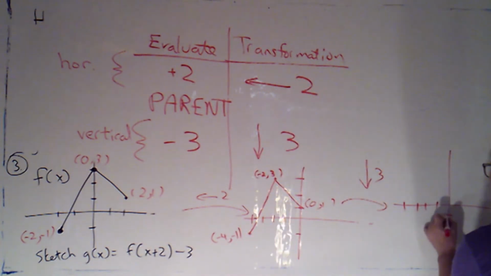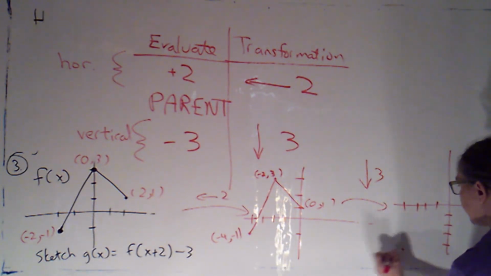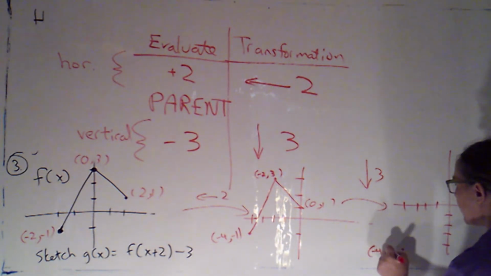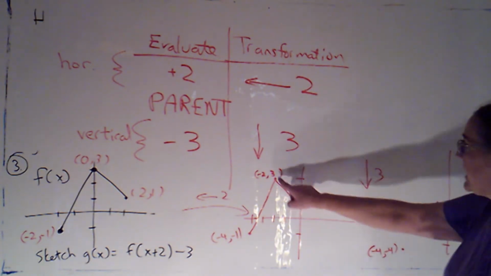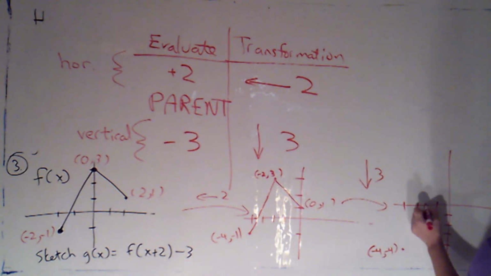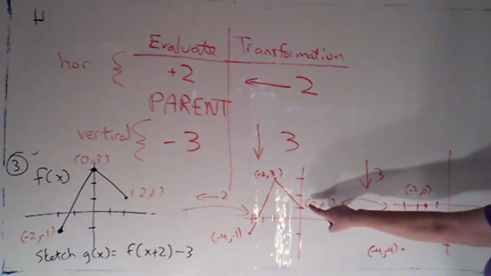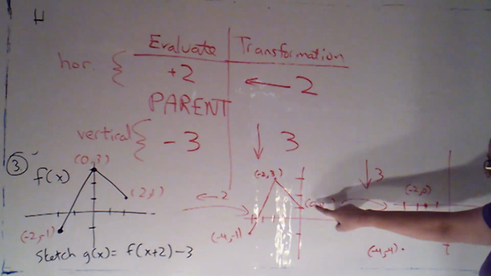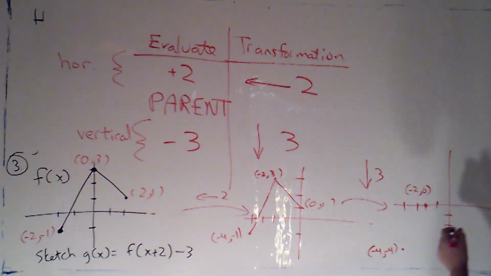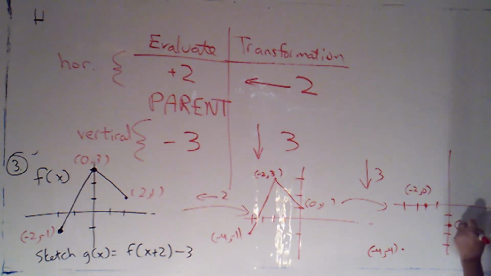So -4, -1, I'm going to subtract 3, which will move it down 3, and I get -4, -4. -2, 3, if I subtract 3 from that y value, I'll now be at -2, 0. And 0, 1, if I subtract 3 from that y value, it's going to now be at 0, -2.